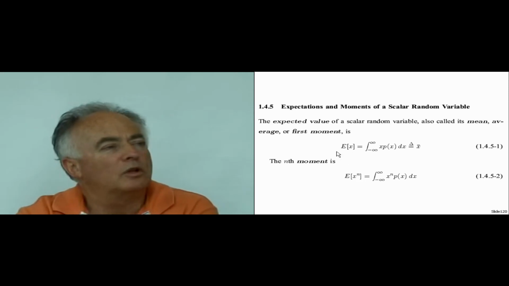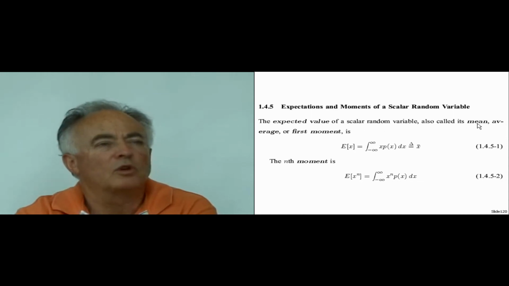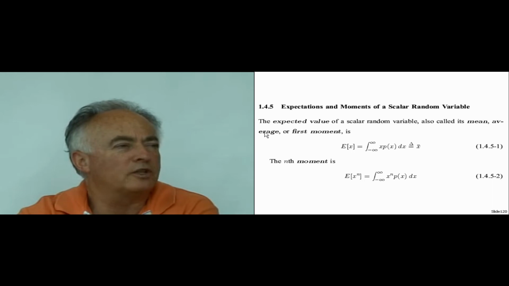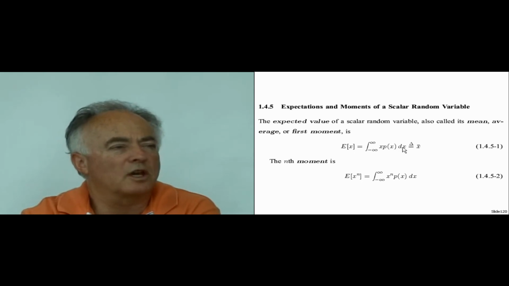Now, expectation and moments, and we'll start with a scalar random variable, are as follows. The expected value of a scalar random variable, which is called its mean or average or first moment, is E of x, expected value of x, is the integral of all the possible value of x multiplied by its density times dx.